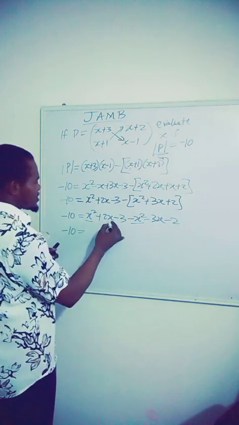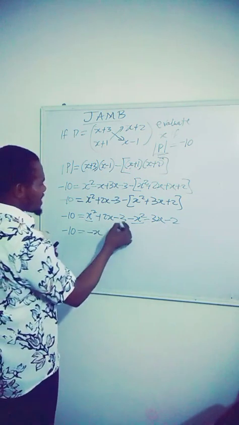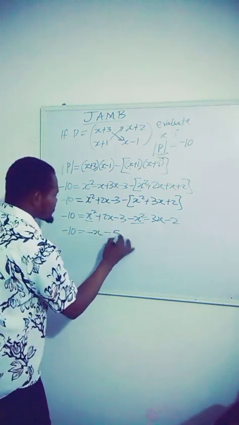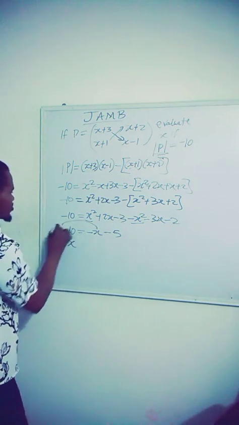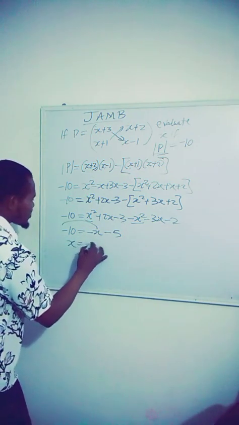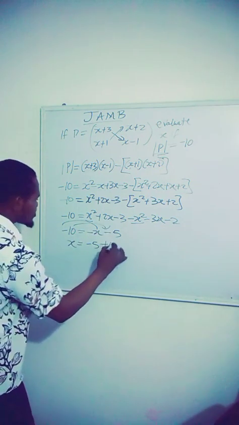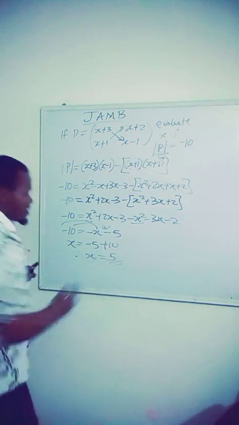So 2x minus 3x, that is minus x. Then minus 3 minus 2, that is minus 5. So you bring this here, you have x, taking this to this side, equals minus 5. When I take this to this side, it becomes plus 10. So therefore, x equals 5. Is that clear?